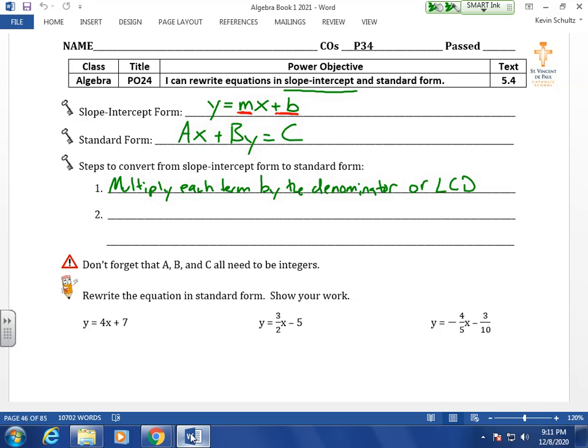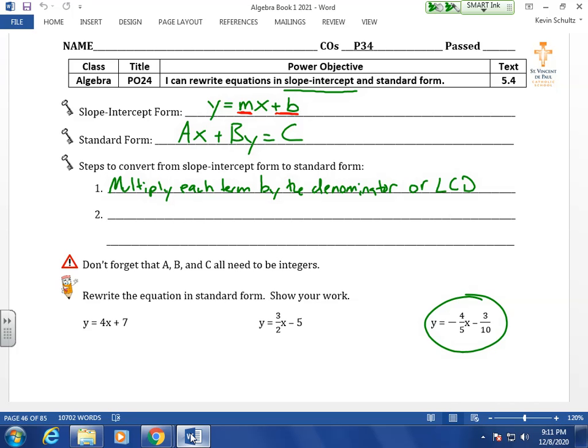If we have more than one fraction, such as in the third example that we'll do together shortly, to get rid of both fractions we're going to multiply by the LCD, the least common denominator of the fractions we have.